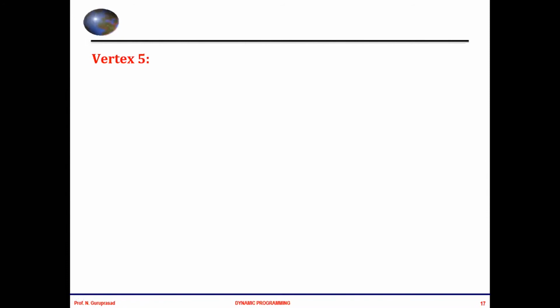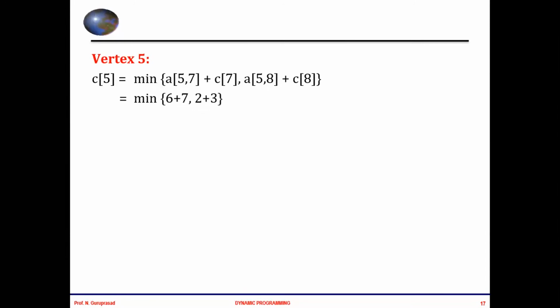So the cost will be minimum of A of 5,7 plus C of 7, and A of 5,8 plus C of 8. So calculate it and tell me the value of C of 5. So my C of 5 will be 5. And what is P of 5, guys, now? P of 5 will be 8.